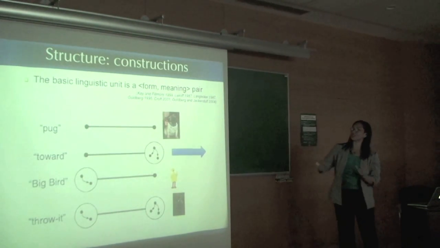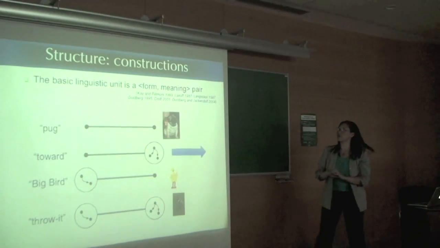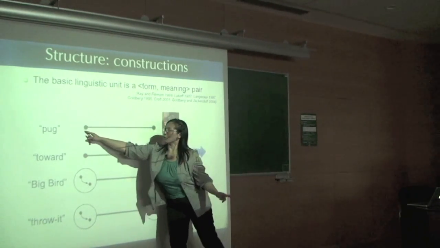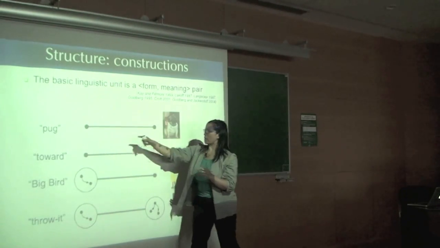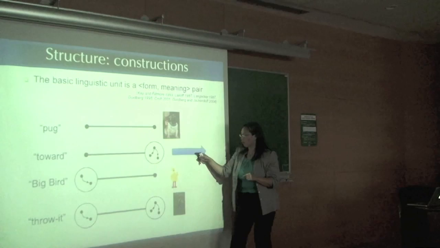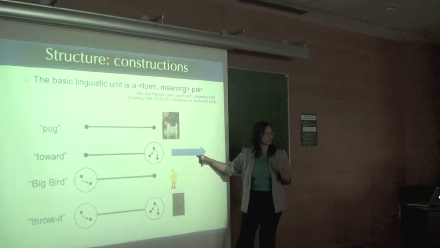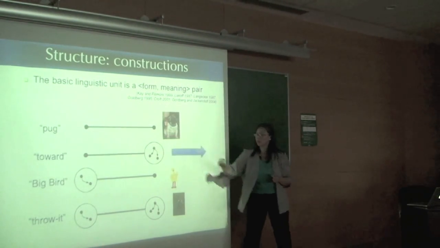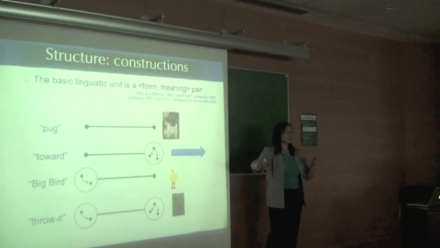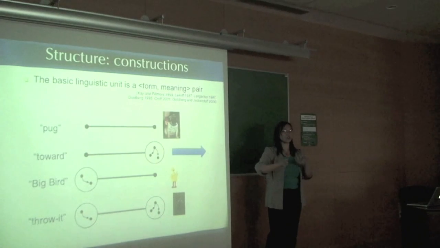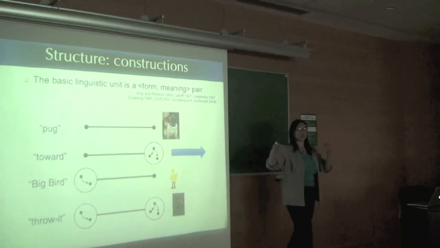But the idea, just to give you a high-level view, is that whether it's a very simple word connected to a very simple image, that's one construction. This one is a more complex relational idea of motion, but it's still a word paired with that thing. There are two words and it's paired to this. So there is just a mapping across these two domains at different levels of complexity.